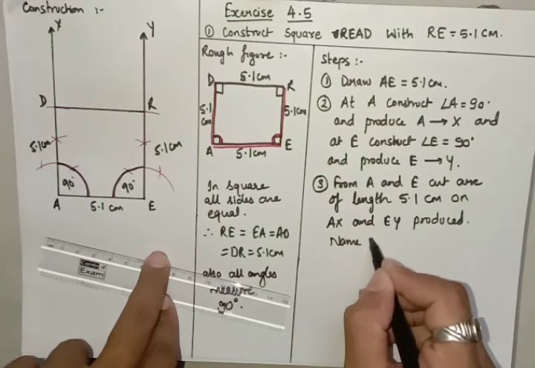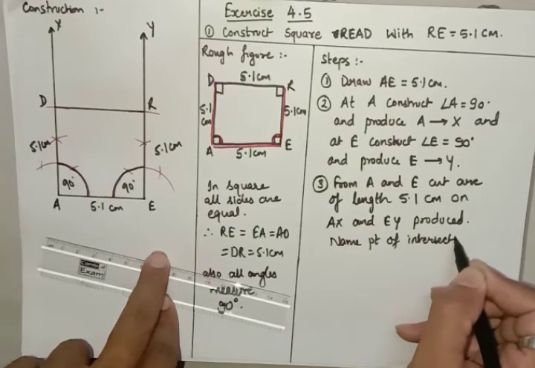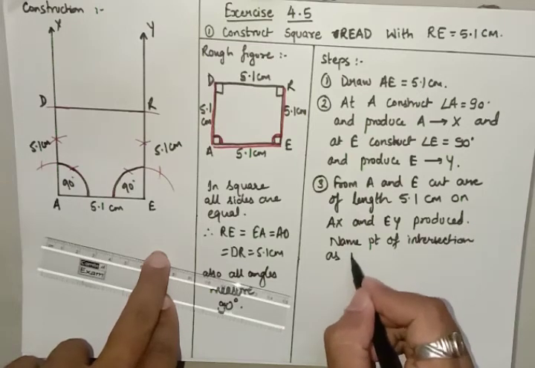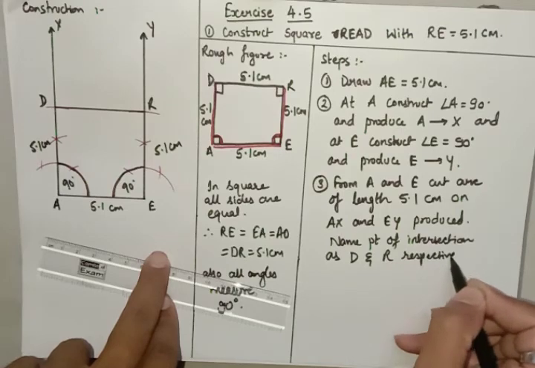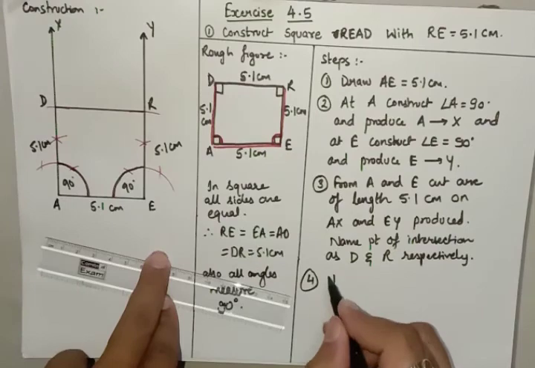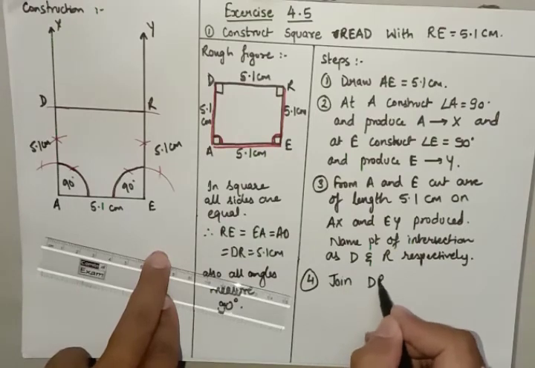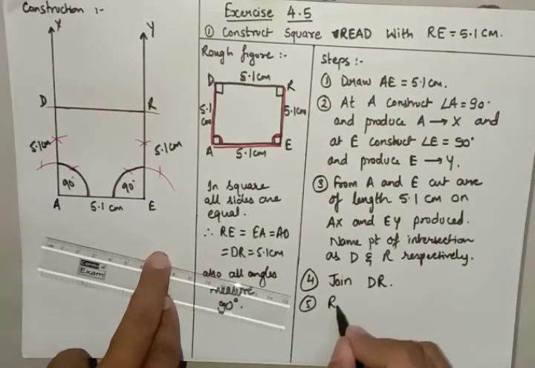Name the points of intersection as D and R respectively. Fourth, I have joined DR. So join DR. READ is the required square.